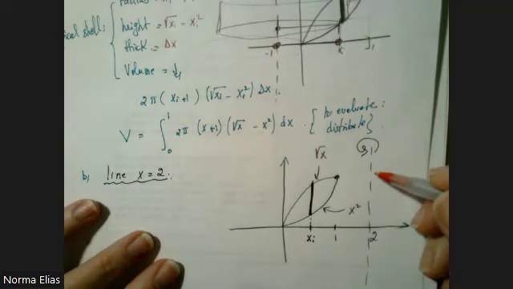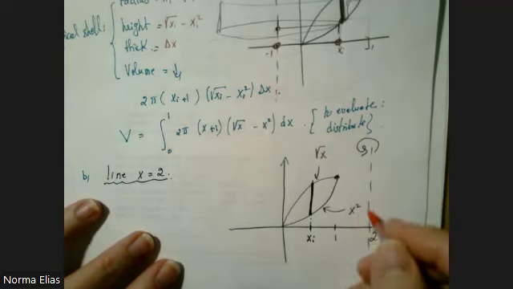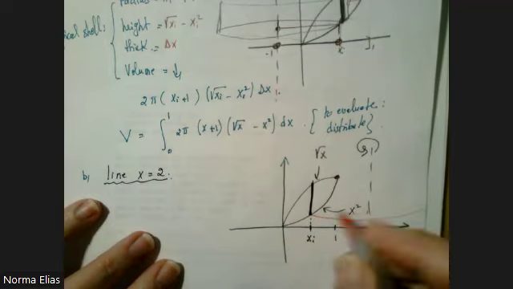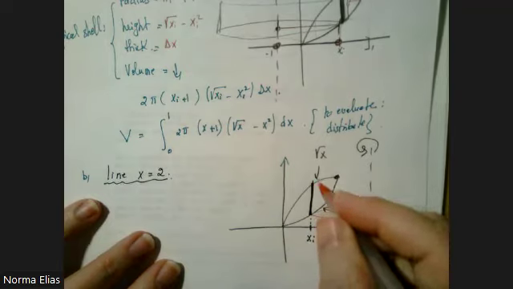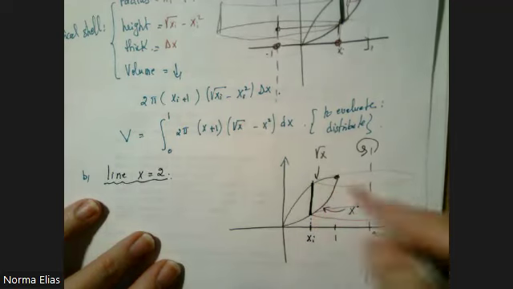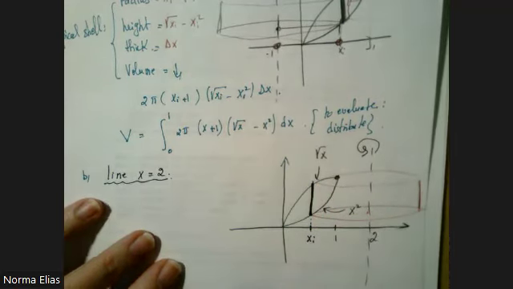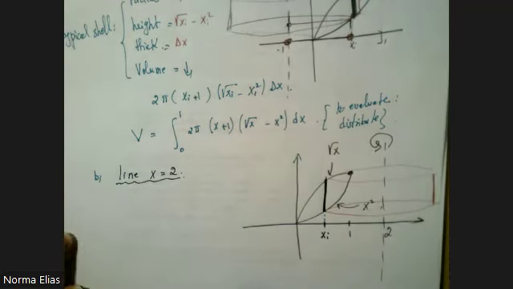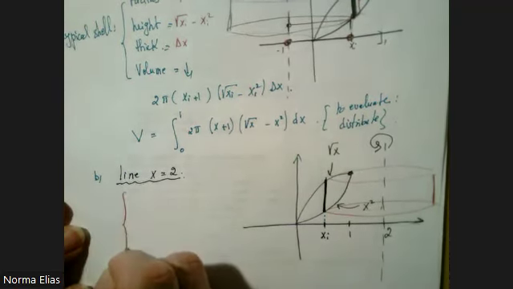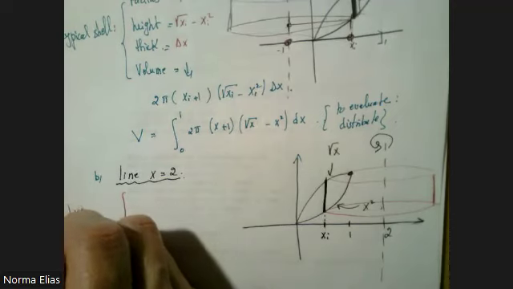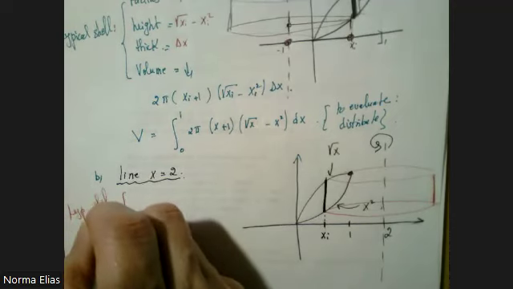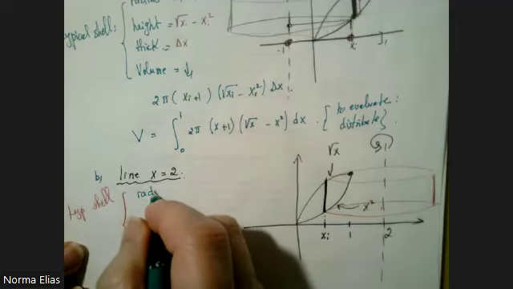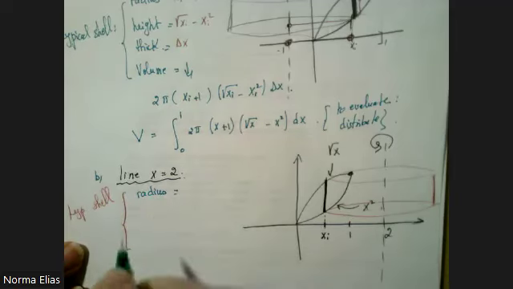We always focus on the axis of rotation. So this is my axis of rotation right here. So I'm going to draw all the way here. That's really my little shell. Shells are easier than washers, I think. This is my shell. So you guys have now to tell me everything, typical shell. What's the radius? All of you, at least in your mind, tell me, and one of you speak up.